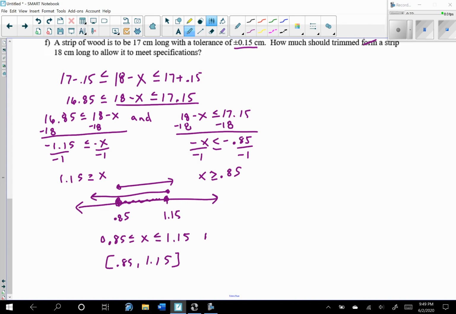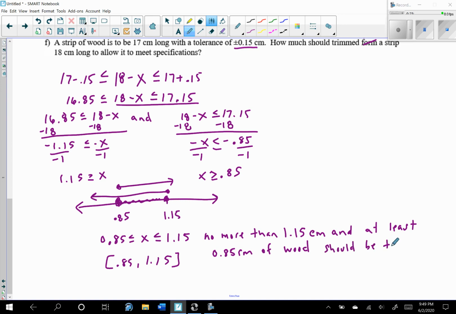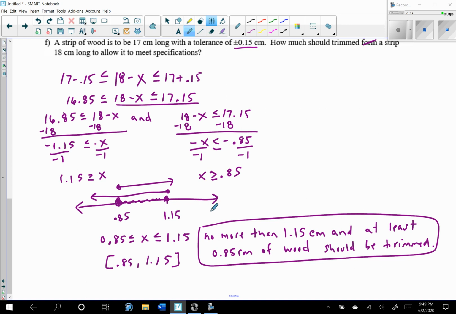So that means no more than 1.15 centimeters and at least 0.85 centimeters of the wood should be trimmed. And then if that's the case, we will have met our specifications for the problem. And that's it.